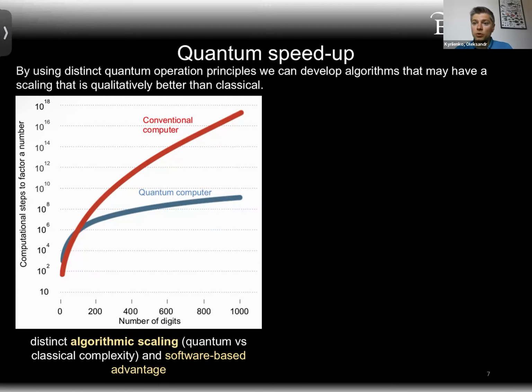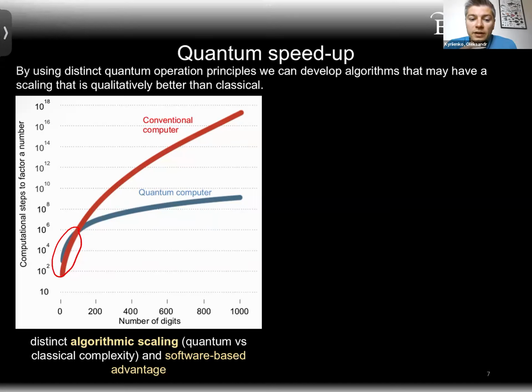However, I should also warn you that it is not a given that quantum computers can beat classical protocols. Why? Because we need to be careful with prefactors first, and we also need to be careful with absolute rates of operation. So look at this regime.